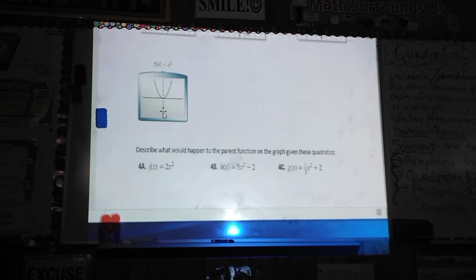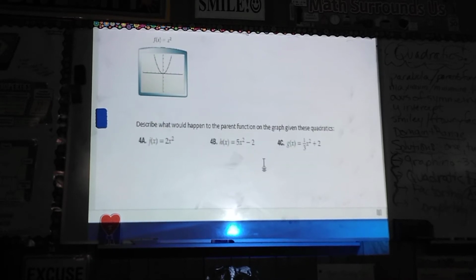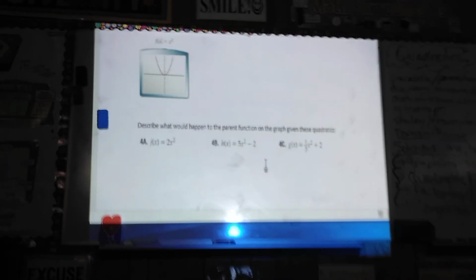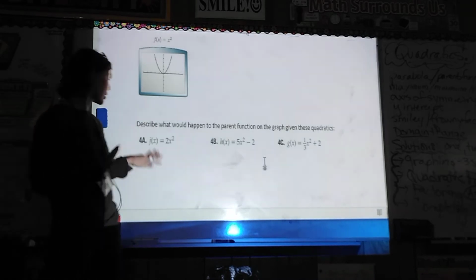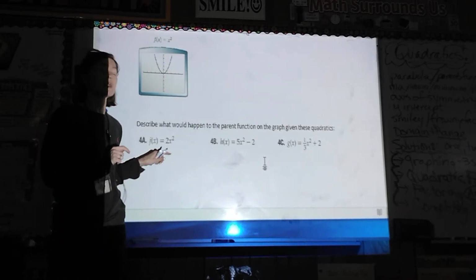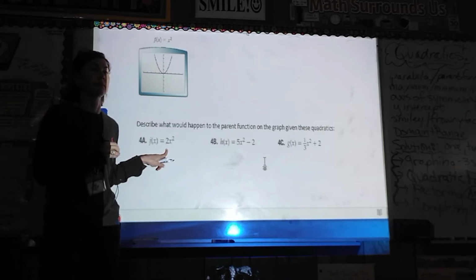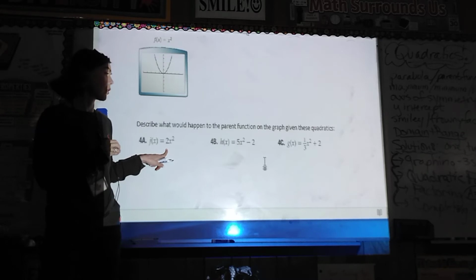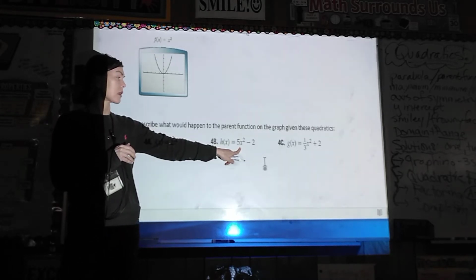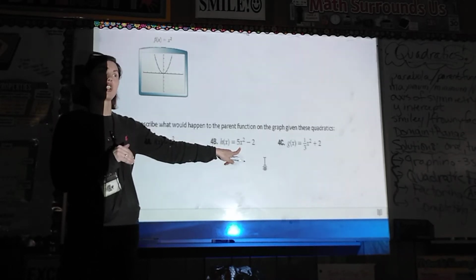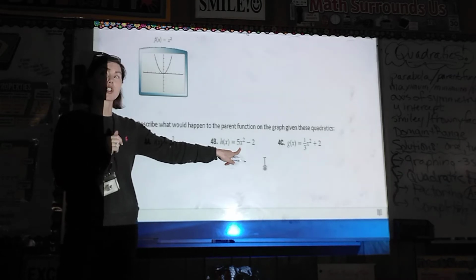Now, here's our original. So let me ask the class, okay? That's the original parent function. So, you guys, what does this 2 do to the parent function? Makes it skinnier, okay? Now, Nick, what does this function do to that parent function, to the original?